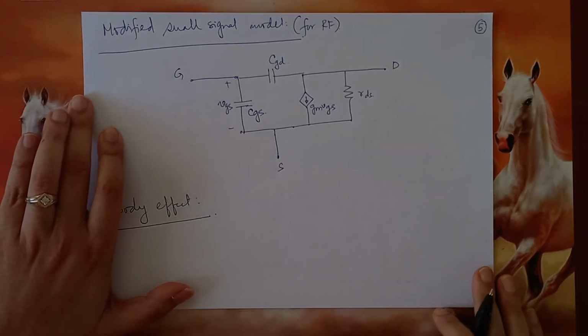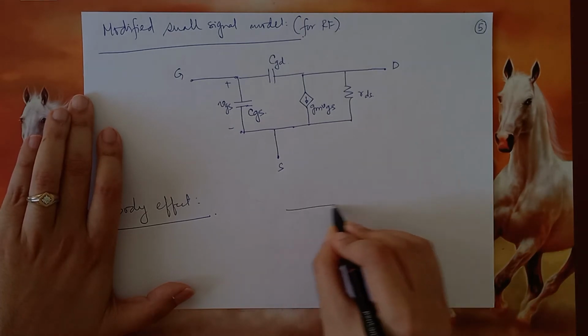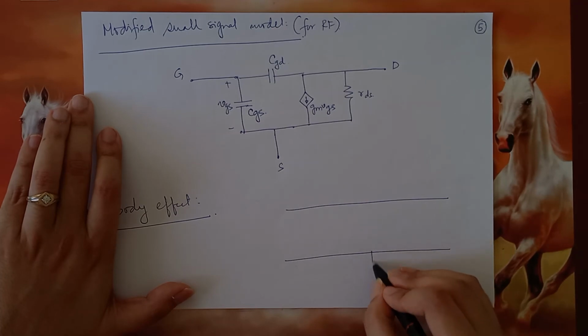So what we had said was that we shall connect the body terminal to such a voltage so as to put those parasitic diodes or PN junctions in the maximum possible reverse bias. But many a time that may not happen. Let us again look at the NMOS.